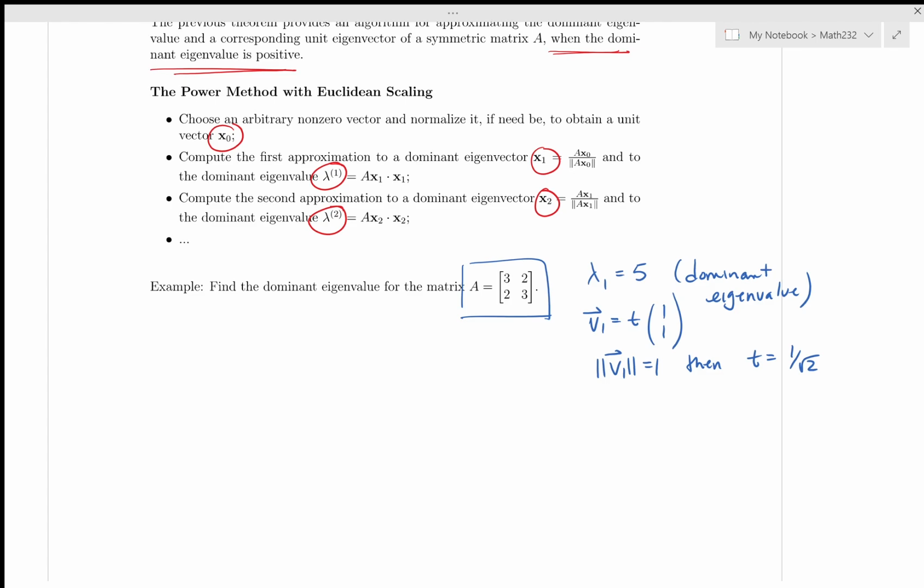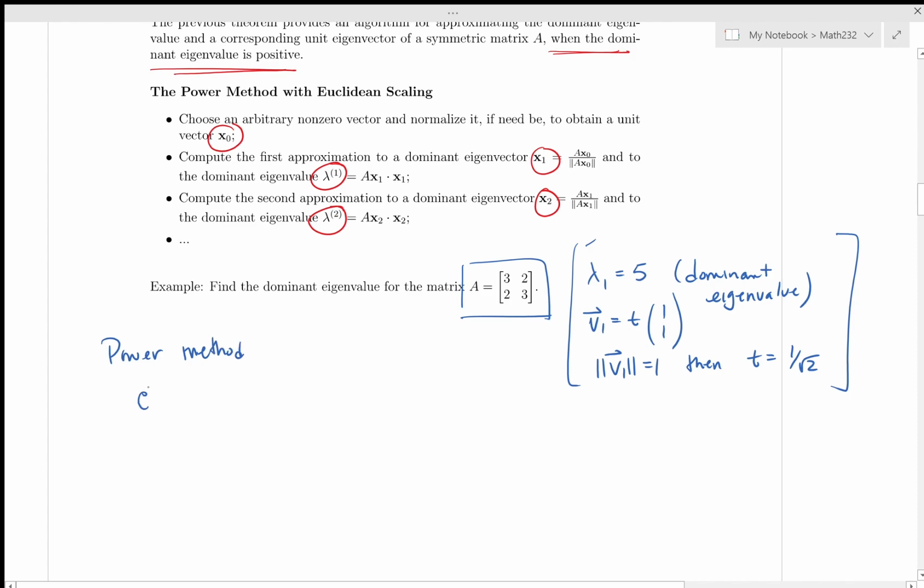Okay, so we know the answer to which we are going, but now let us show how the power method comes up with that same answer. What happens? You take an arbitrary, okay, so now this is the power method. Okay, I'm going to choose x naught.